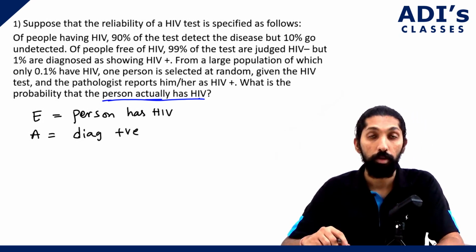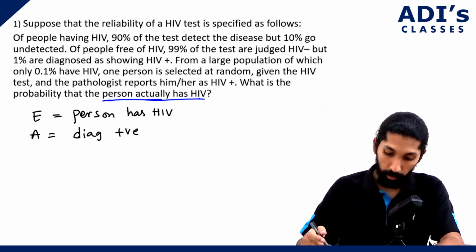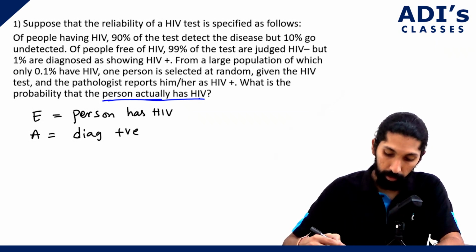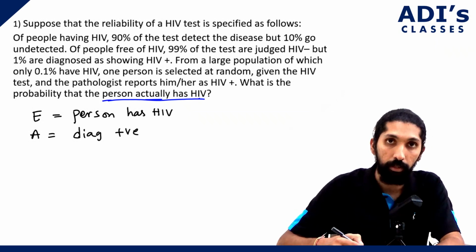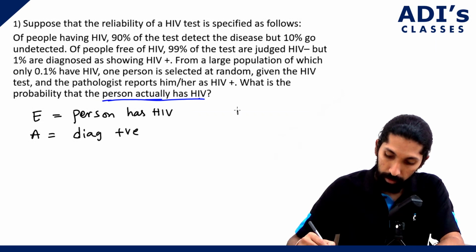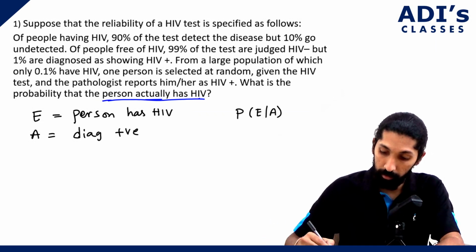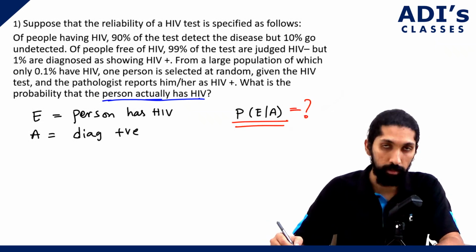Fair enough? So we'll talk about two events. Now the question says, what is the probability that the person actually has HIV? That means we are trying to calculate P of E given A. Correct? Remember, this is what we need to find out.